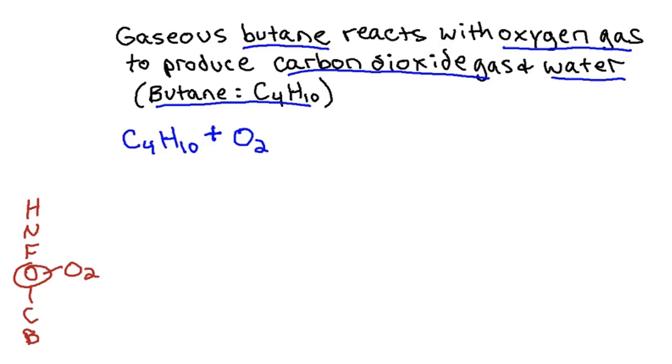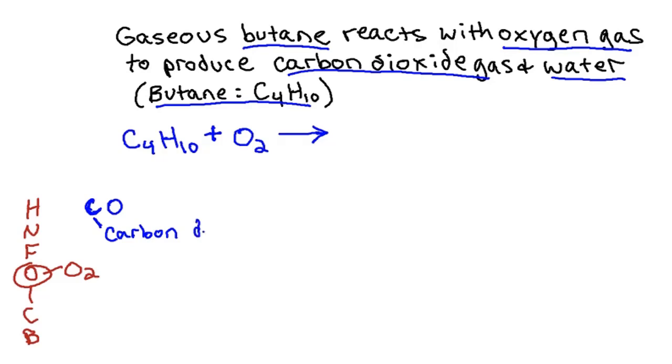So gaseous butane reacts with oxygen gas to produce carbon dioxide gas. So carbon dioxide is going to be a C and an O. But how do we know how many C's and how many O's for carbon dioxide? Well, it's in the title, carbon. So that's just one carbon.